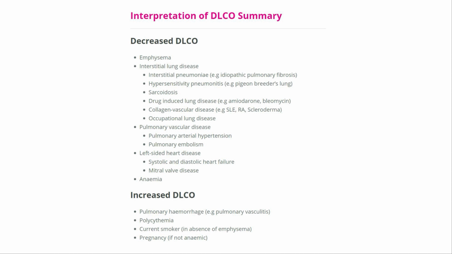My understanding, from what I could read, is that it'll decrease your DLCO, because people that smoke have elevated levels of carbon monoxide in their blood already, which makes it a less favorable gradient for carbon monoxide to diffuse from the alveoli into the blood, because the blood is already filled with some carbon monoxide. I'm not totally sure how it could increase it, so maybe just ignore that on this slide.